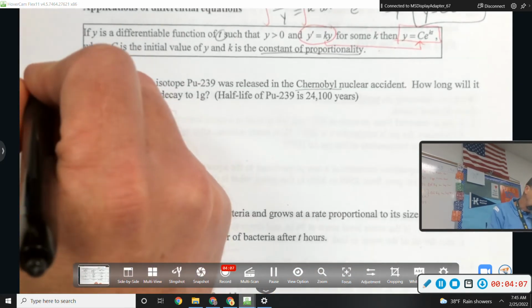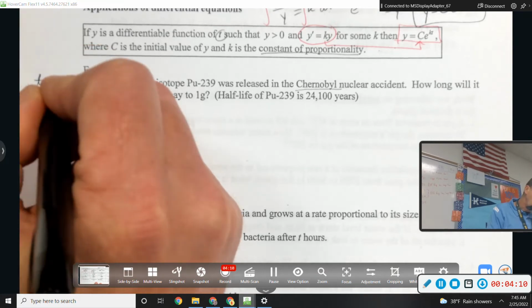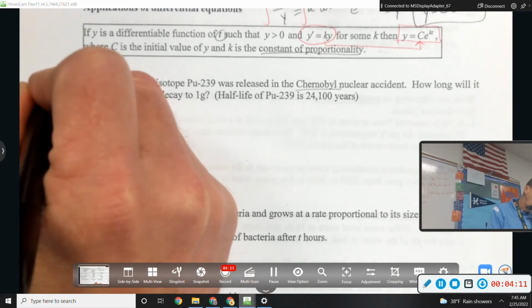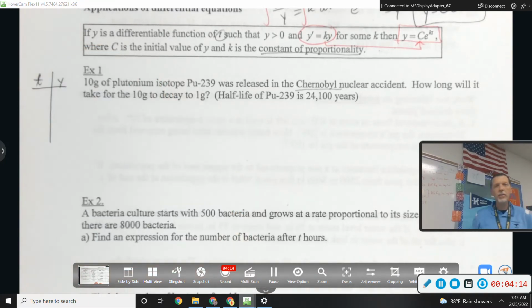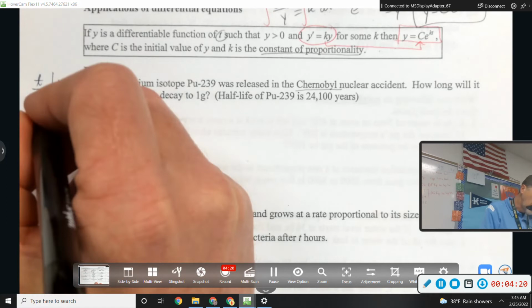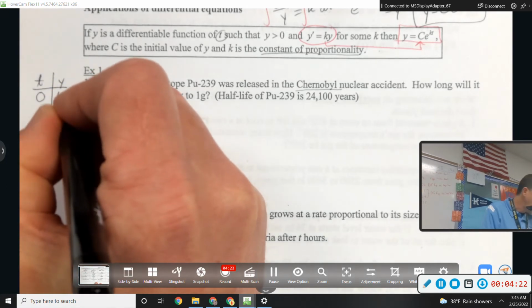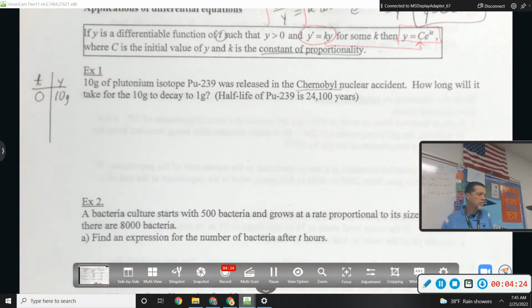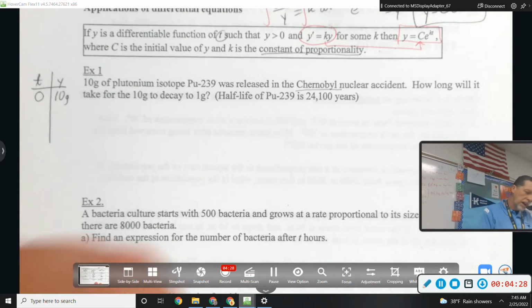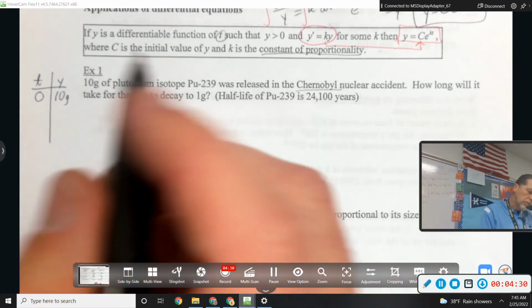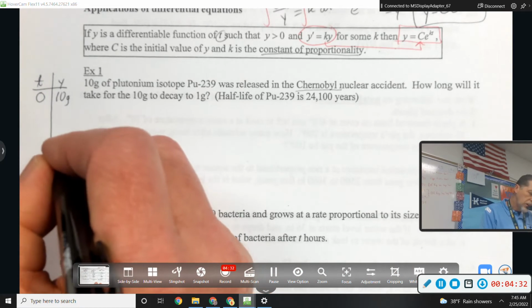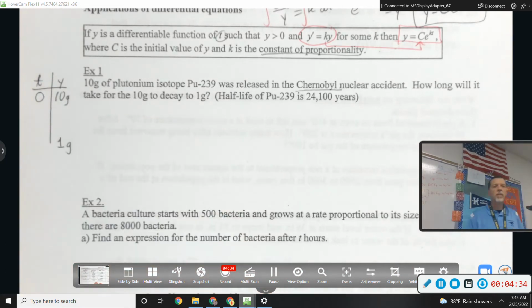I think I would set up a table of values to just kind of keep track of everything. So we know at time 0 there was 10 grams. And at the end of the day, we want to know how long will it take for the 10 grams to decay to 1 gram.